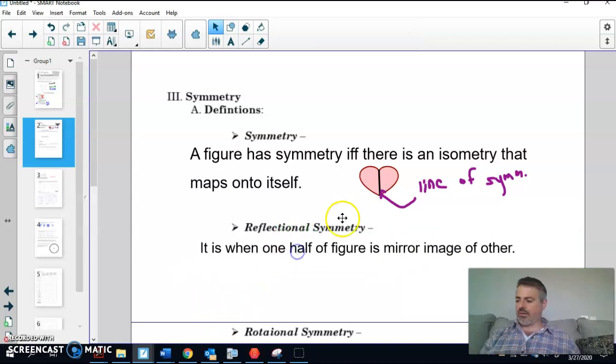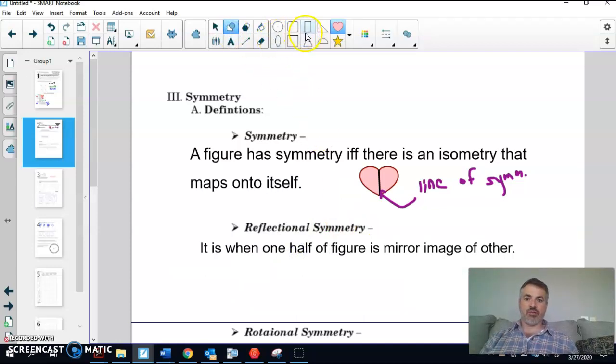And a heart's not the only one that's going to happen in. I can draw an isosceles triangle. That would have reflectional symmetry. An equilateral triangle.